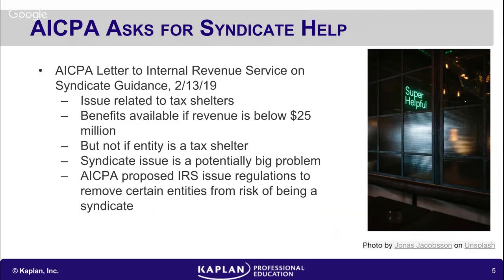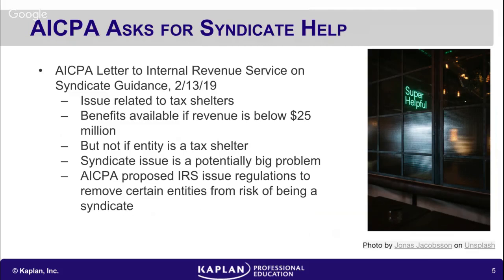There are cross references that eventually take you to 1256. And 1256 allows the IRS to write regs that can treat certain interests as not being treated as inactive if the IRS determines by regulations or otherwise that an interest being held by an individual should be treated as if it was held by an individual who actually participates.